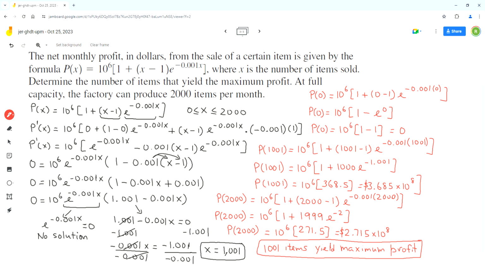So this should be the final answer for this problem.